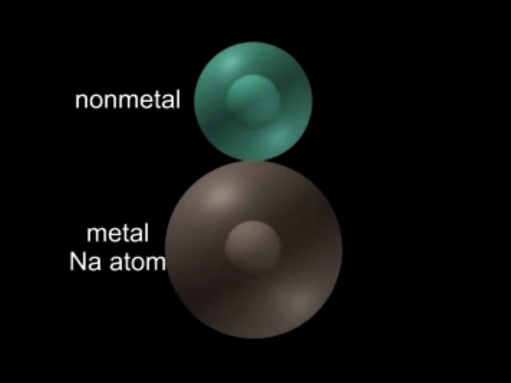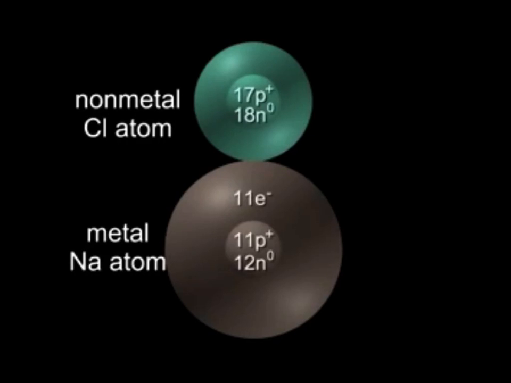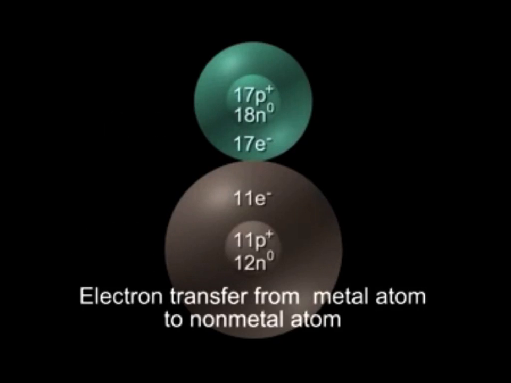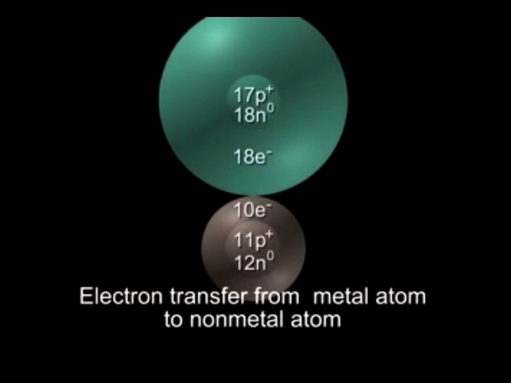The sodium atom has 11 protons and 12 neutrons in its nucleus, and 11 electrons around the nucleus. The chlorine atom has 17 protons and 18 neutrons in its nucleus, and 17 electrons surround it. The sodium atom transfers an electron to the chlorine atom, and the ions attract each other and release energy.